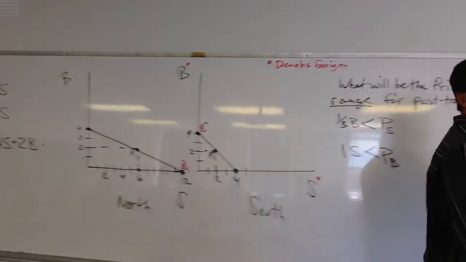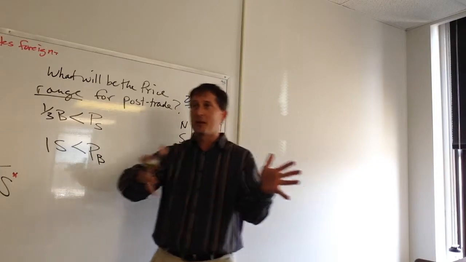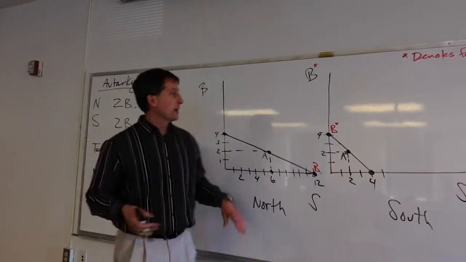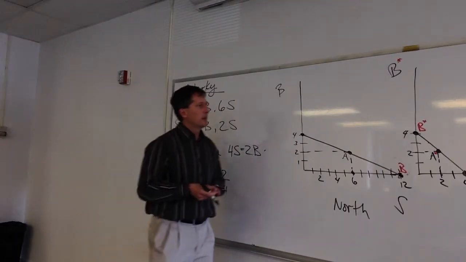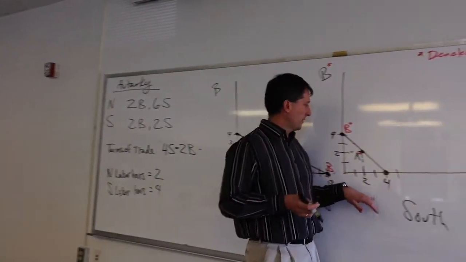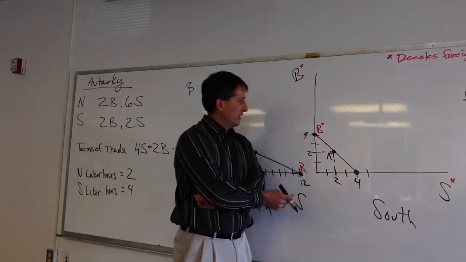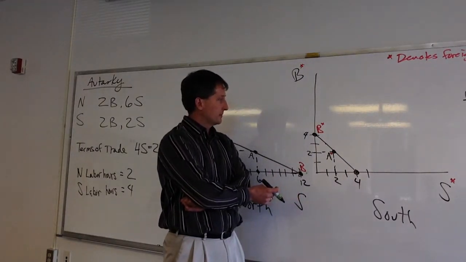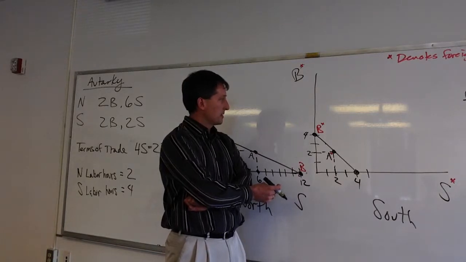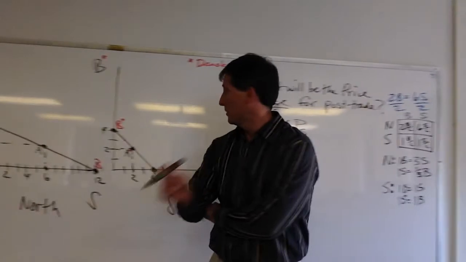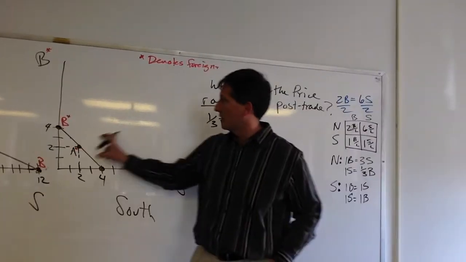Right, so now we've got to go to the other side of the equation. That's half of the market. I've dealt with the sellers of the 2 goods. Now what about the buying side? If you're a buyer of shirts, what's the most that you'd be willing to pay if you're a southerner?